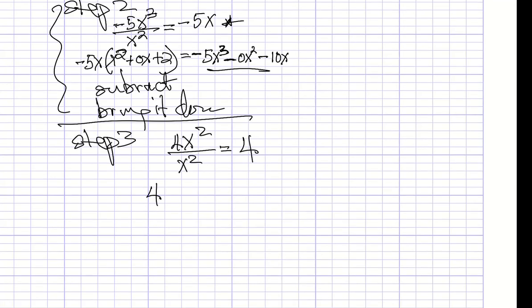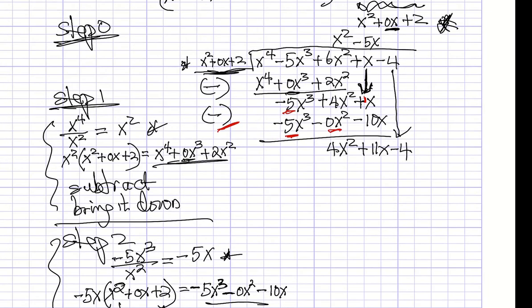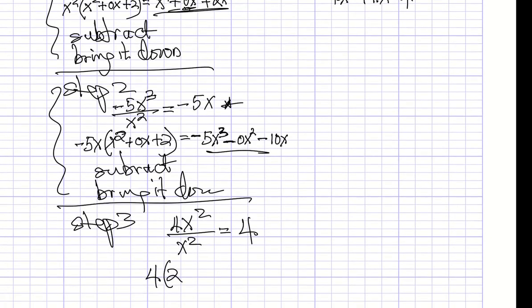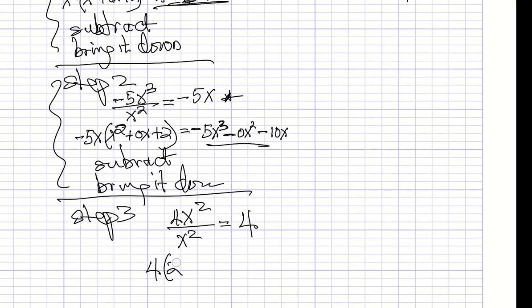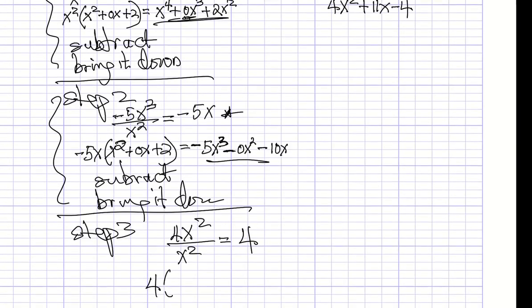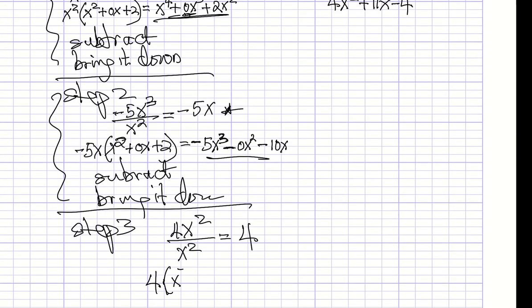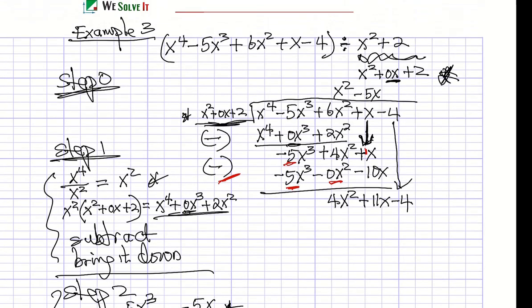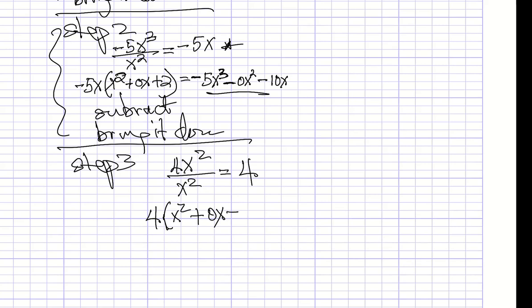And then you say 4 times the divisor. I want to make sure I copy the divisor correctly, or you make a mistake. What is the divisor right there? x squared plus 0x plus 2.